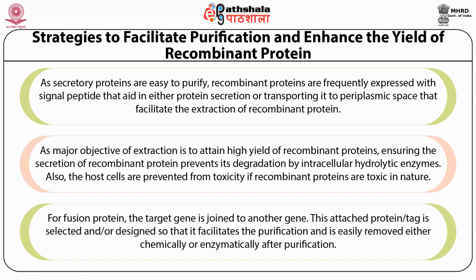Once the recombinant protein is synthesized along with the glutathione reductase as a fusion protein, it can be purified by affinity chromatography on a column containing immobilized glutathione. So in this way, it ensures very fast purification of fusion protein containing glutathione reductase. After the purification, the glutathione can be suitably removed either enzymatically or chemically.